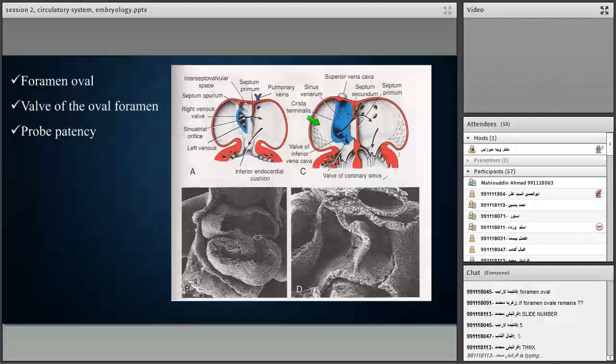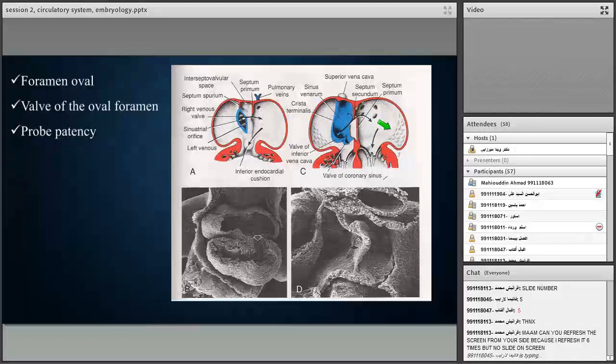After birth, when the circulation of the lungs begins, the pressure in the left atrium will increase. So, the valve of foramen ovale will close this foramen.